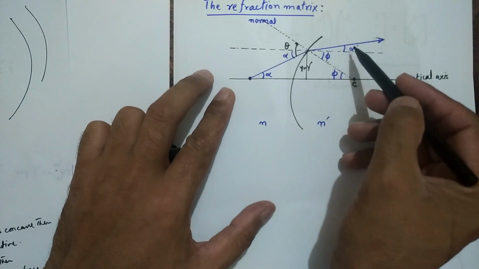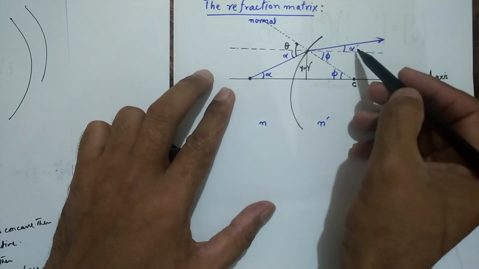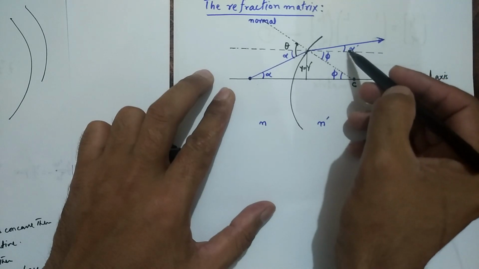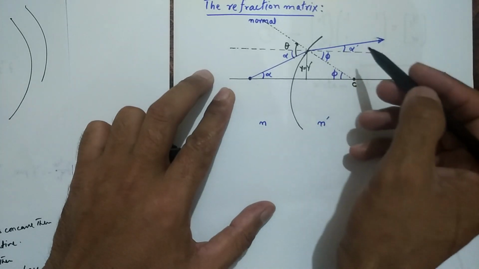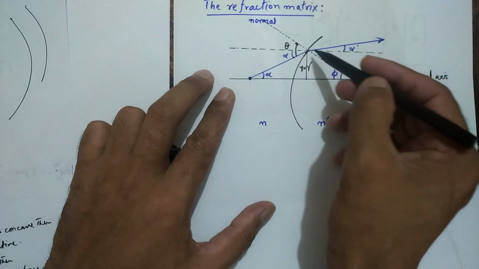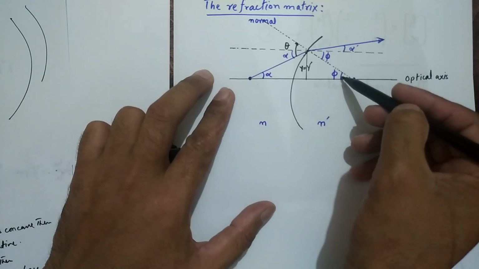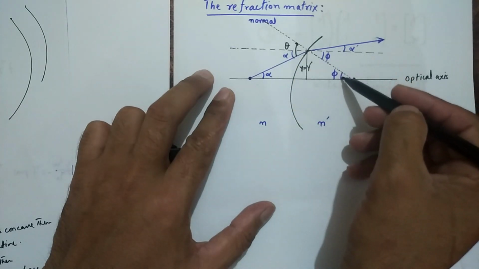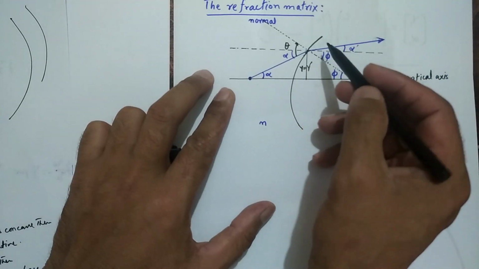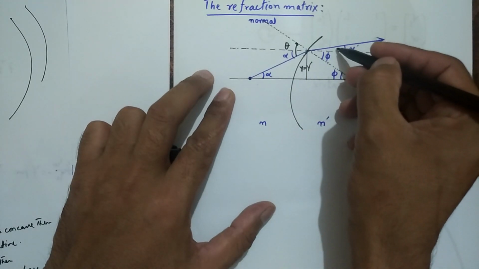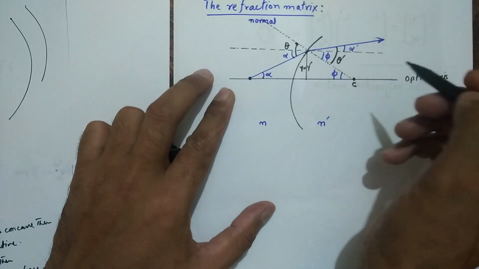The angle of the refracted ray with the optical axis is alpha prime, and similarly the angle of the normal with the optical axis is phi. So if this angle is phi, this one is also phi, and similarly the angle of the refracted ray with the normal is theta prime.